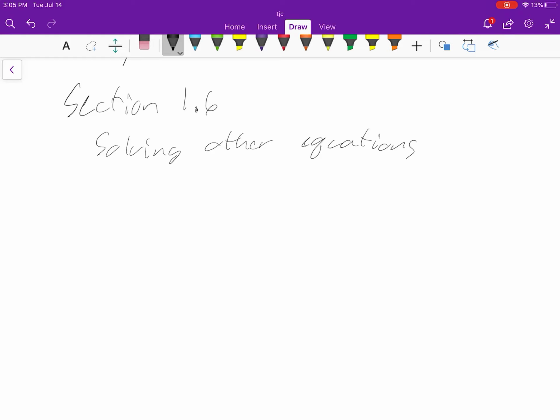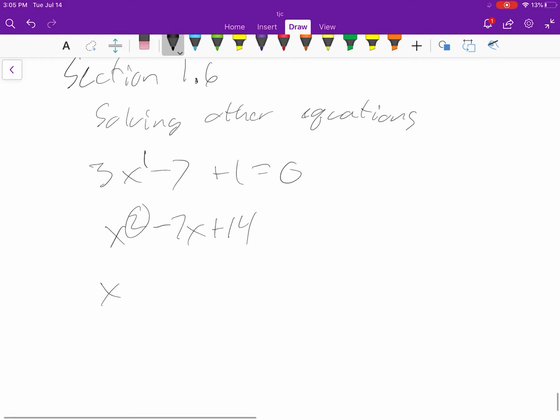So before we do that, in the book they're going to talk about the degree of a polynomial. The degree of a polynomial is the largest exponent on a polynomial. So if you have a polynomial like this, the degree is 1 because the exponent on the x is 1. If you have a polynomial like this, the degree is 2 because the largest exponent's 2.